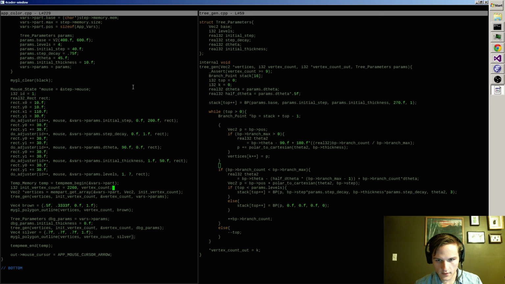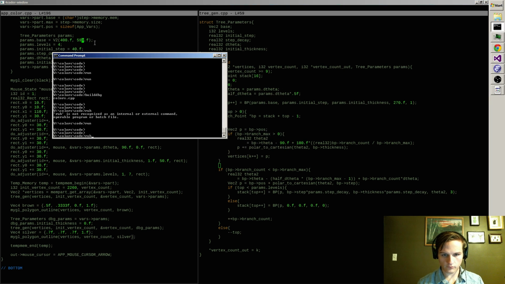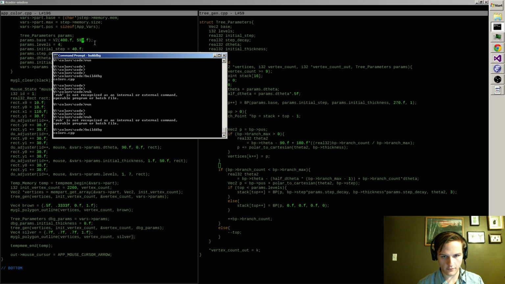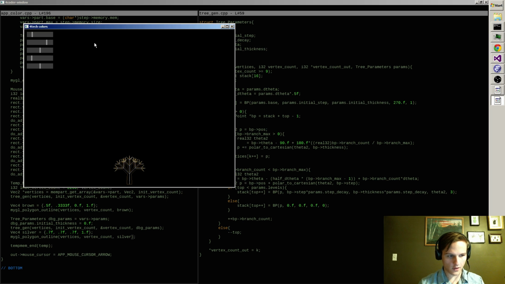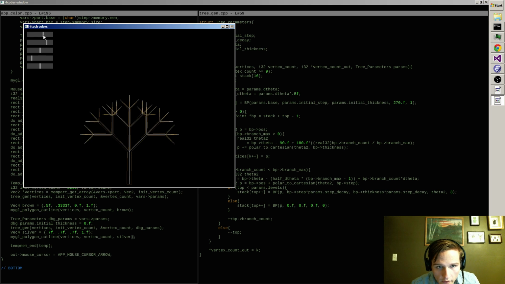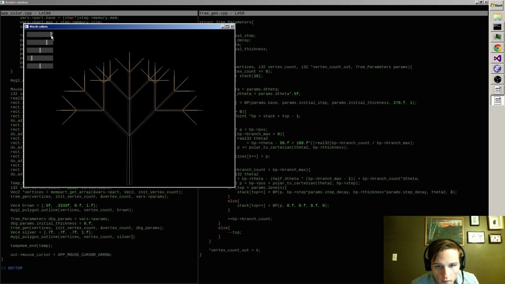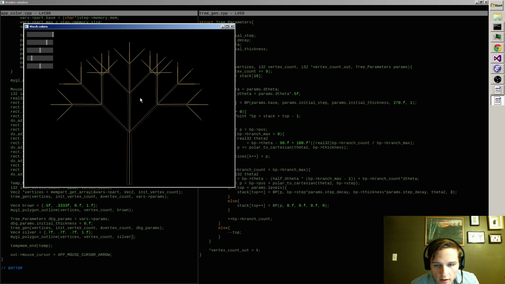Alright, that's going to waste too much time. One quick thing. There we go. So this silver one is showing me where the tree is, like where the points of the tree would be if they hadn't got the thickness adjustments.